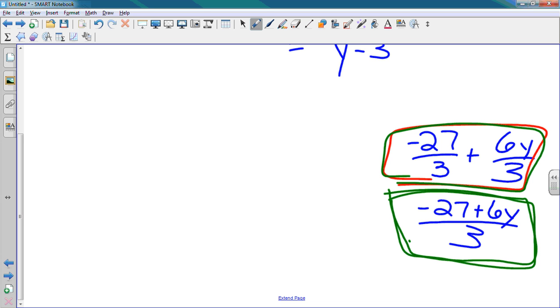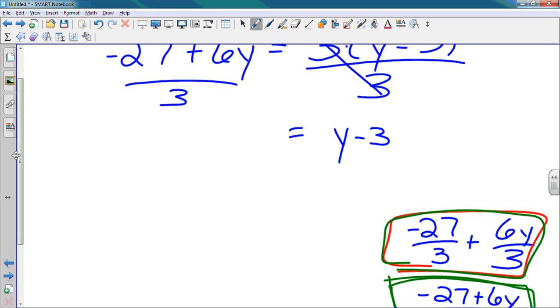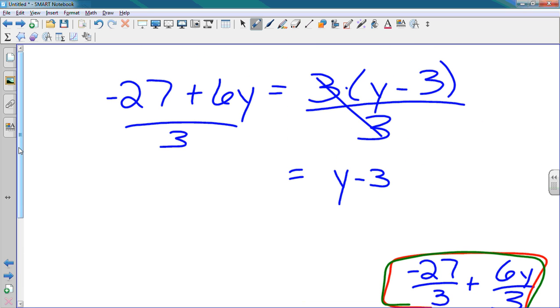Can't I go backwards? If A equals B, doesn't B equal A? Same thing up here. I have negative 27 plus 6y over 3, so I can plug in negative 27 over 3 plus 6y over 3. It's the same thing.